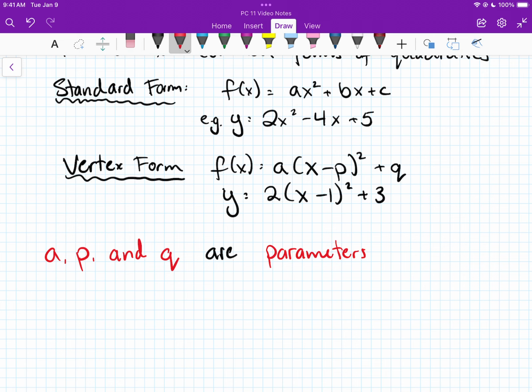And so our goal in this part of the chapter is to find out what exactly a, p, and q do. And so this one is going to work a little differently than many lessons. I'll invite you to pause here and check to see if you can find a file in the description of this video, or that you got in class, that has a vertex form activity.